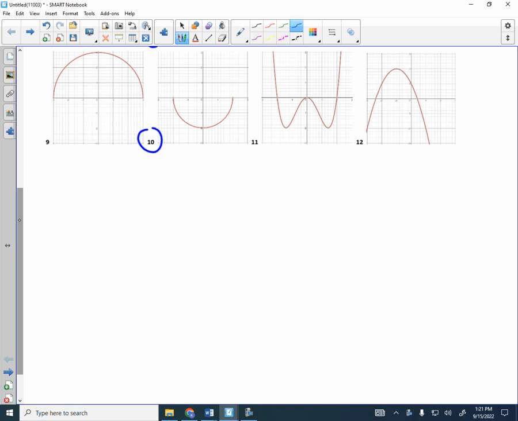How would you describe the slope right here? It's 0. So you know that the derivative is going to go through 0, 0. How would somebody describe the slope right here? I'm not just going to say negative. I'm going to say super negative. Would you agree? So if the derivative is super negative, it's going to be sitting way below the x-axis, right?